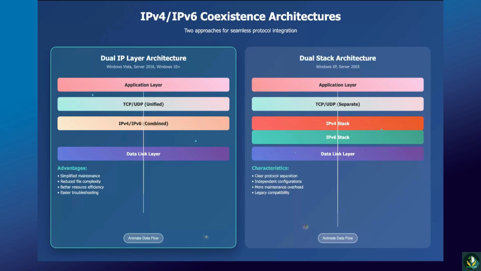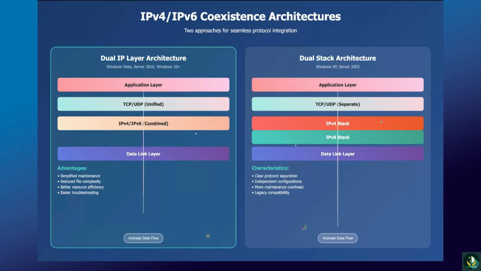There are two common architectures for coexistence, and they are as follows: dual IP layer architecture and dual stack architecture. As for dual IP layer architecture, it was introduced in Windows Vista and still is used in Windows Server 2016 and above versions and Windows 10 and later.